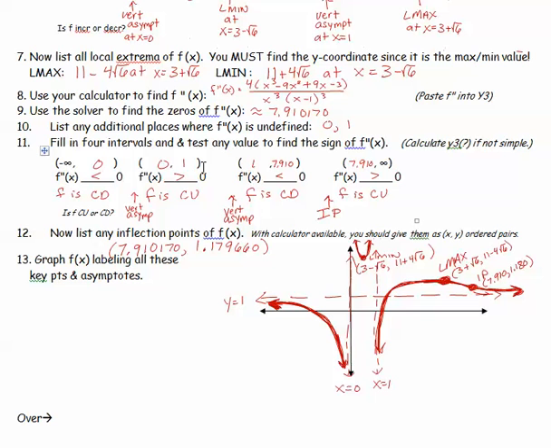And now when we cross over the next vertical asymptote, the graph is concave down. And now at 0.7910, we have a negative second derivative changing to a positive. So this is the only continuous point. This is a point of continuity where concavity changes. So we have one inflection point.